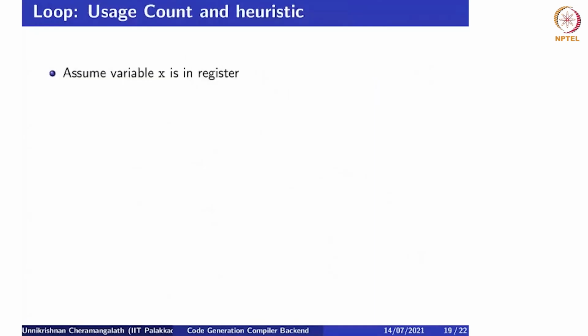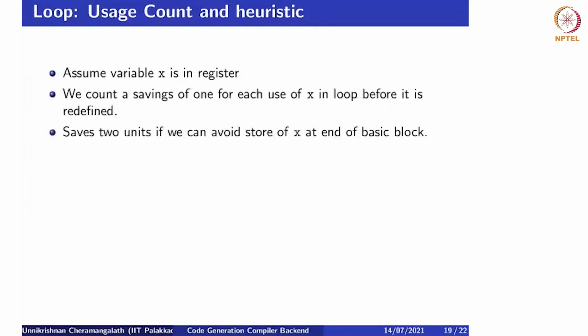Using usage count, some heuristics are used. The heuristic I'm mentioning is: assuming variable x is in a register, we count a saving of 1 for each use of x in the loop before it is redefined.